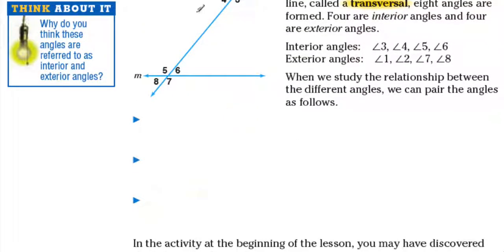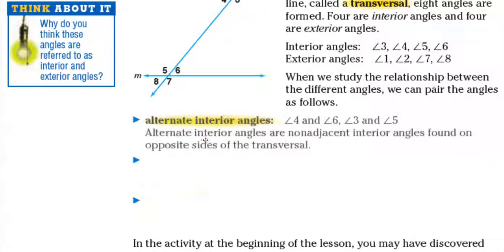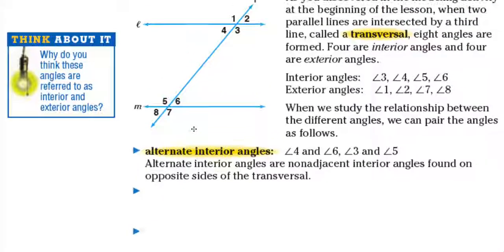So the first definition that we're going to talk about when you talk about transversal and parallel lines are alternate interior angles. Remember, if you talk about interior angles, there are only 3, 4, 5, and 6. Why are they alternate interior?